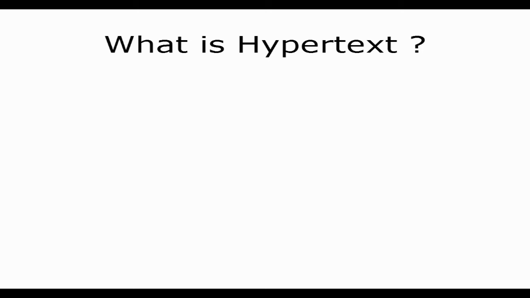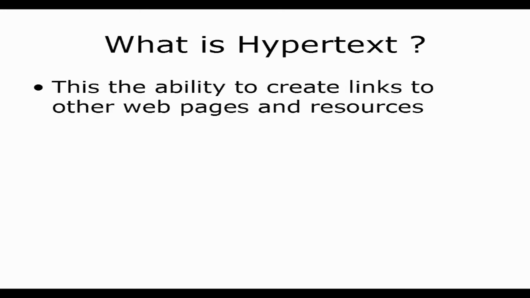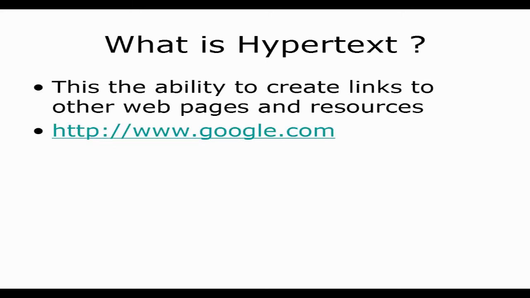So hypertext is the ability to create such links. Alright, so hypertext is the ability to create links to other web pages and resources. Example would be http://www.google.com. This is a link to google.com.